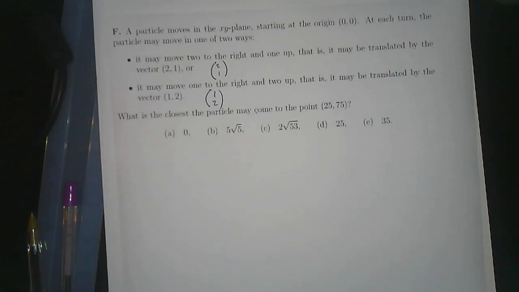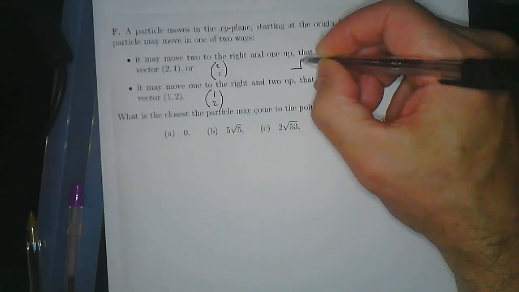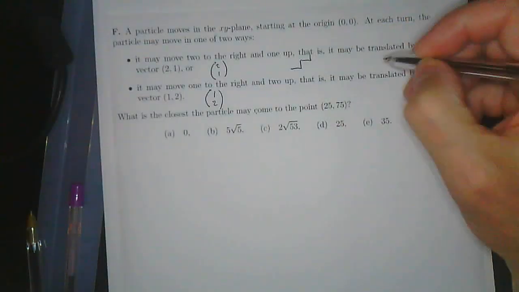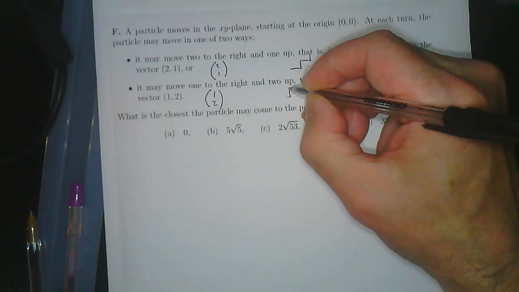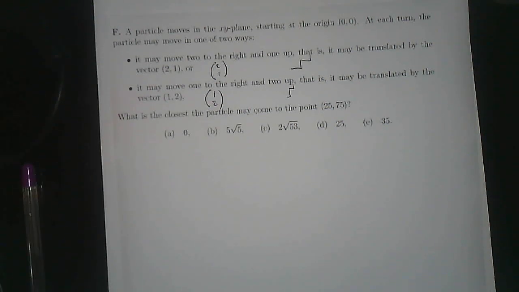So in other words, if you're moving 2 to the right and 1 up, and then you again move 2 to the right and 1 up, and you keep going like that, or you go 1 and then 2 up, 1, 2 up, and so on. But they will always end up on 2 particular lines. So it's worth drawing a diagram here.